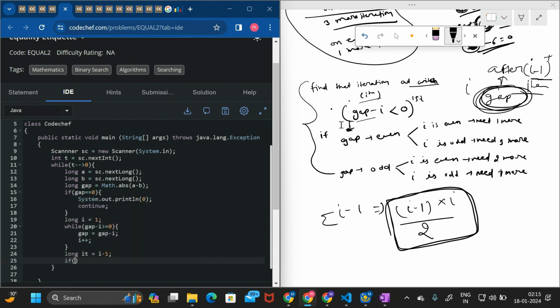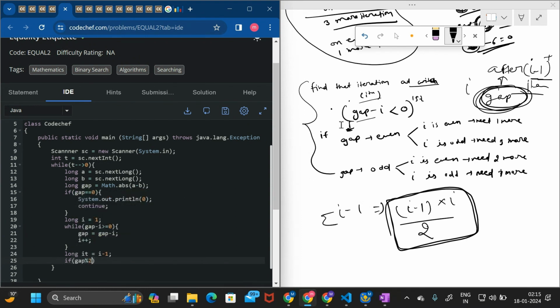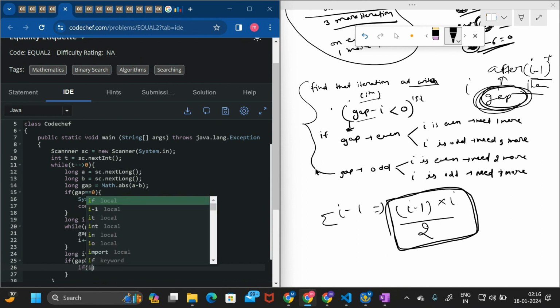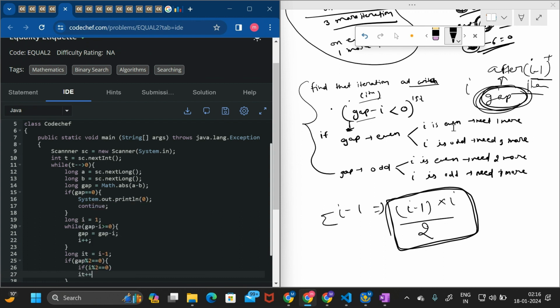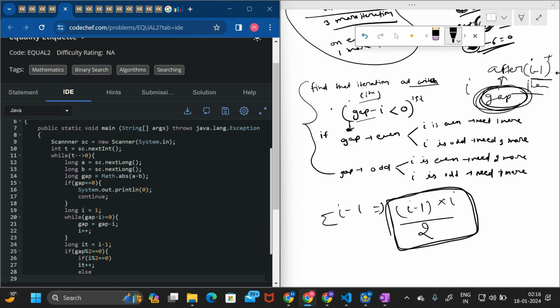After that, if our gap is even, so what is the condition for even? If our gap is even, we have to check whether I is even or I is odd. So if I is even, what more iteration we need? 1. So we can increase our iteration by 1. Else, if I is odd, we need 3 more iteration.